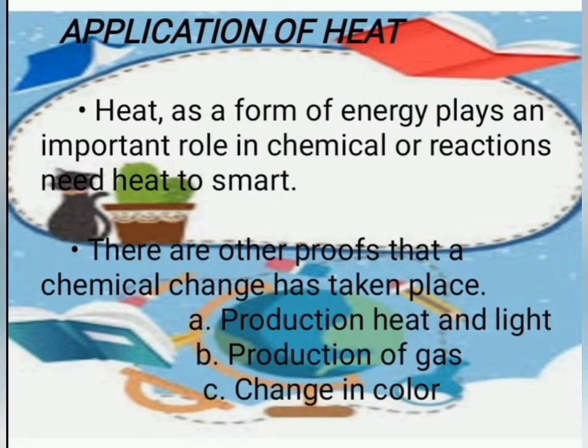Other chemical reactions utilize heat or produce it depending on the materials or chemicals involved. There are other proofs that a chemical change has taken place. These include production of heat and light, production of gas, and changes in color.